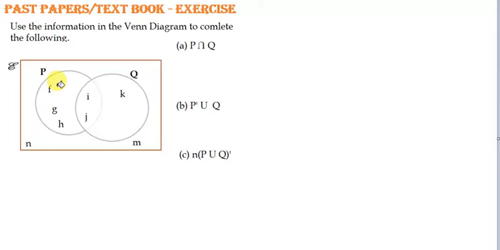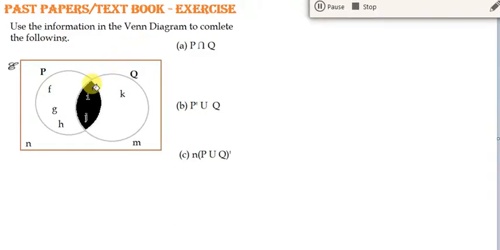Elements of set P are F, G, H, I, J. Set Q has elements I, J and K. Outside both P and Q are N and M. The first thing is we have to find out P intersection Q, and you know by this we mean overlapping. And what is overlapping over here? I will use a good color. This is the overlap. So the answer will be elements I and J.